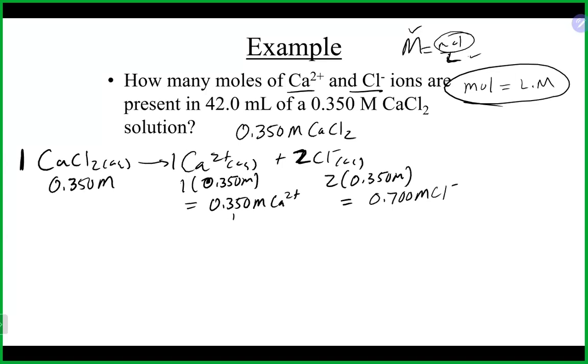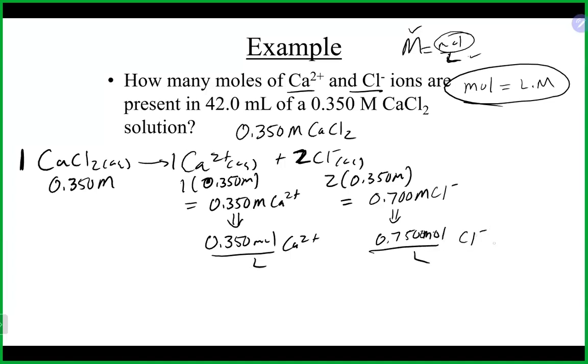I am again going to get rid of the big M here and turn that into 0.35 moles per liter calcium ions and turn this guy into 0.70 moles per liter of chloride ions. That way I could see both units. That way it will also hopefully remind you that my volume does need to be in liters here to properly cancel out as opposed to milliliters, which is what I got going on here.